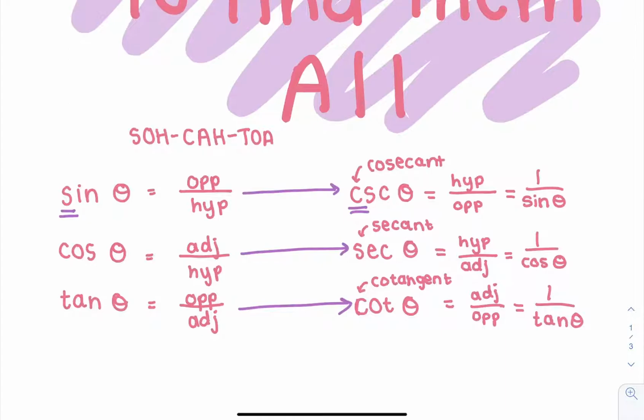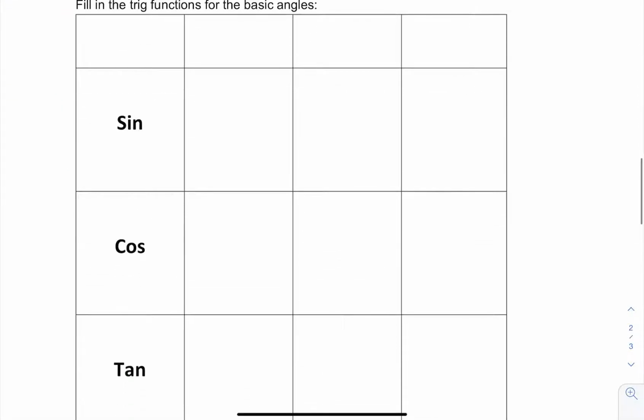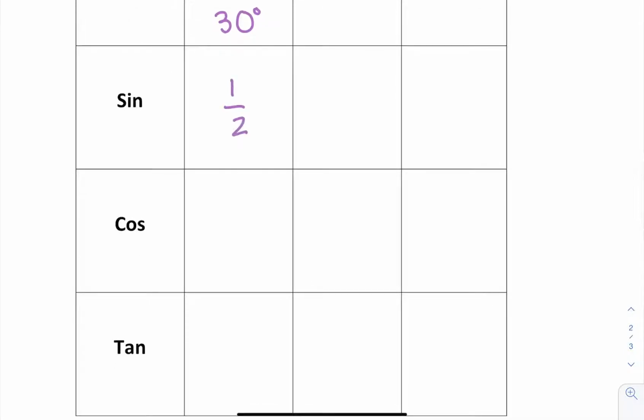So let's remember, last time we were able to find the sine, cosine, and tangent for 3 basic angles. For 30 degrees, sine was 1/2, cosine was square root of 3 over 2, and tangent we could figure out by doing sine over cosine, which is square root of 3 over 3.